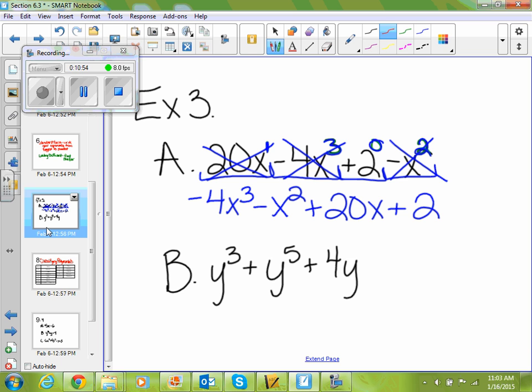Now my polynomial is in standard form because my exponents go from biggest to smallest. The last thing that I have to do is find my leading coefficient. Your leading coefficient is your first number. My first number in this polynomial is negative 4. So my leading coefficient is negative 4.